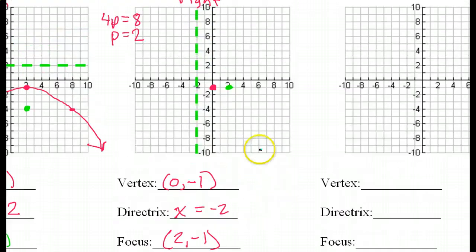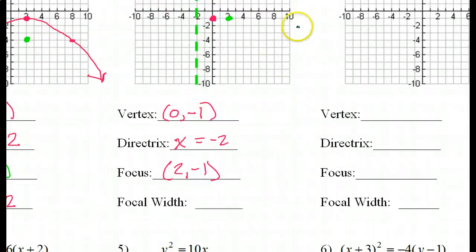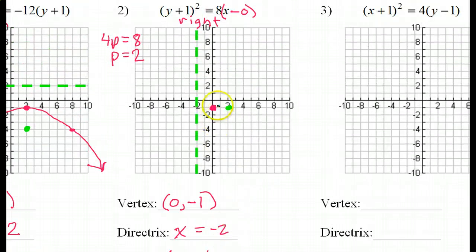All right, now the focal width. The focal width is this number, the 8. Okay, so that means I'm going to have to go at the focus. I need a total width of 8, so that means 4 up and 4 down from here. So 4 up will be here, and 4 down will be here.